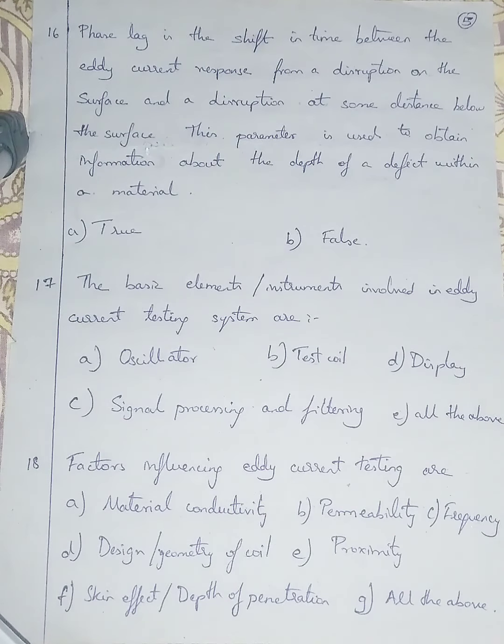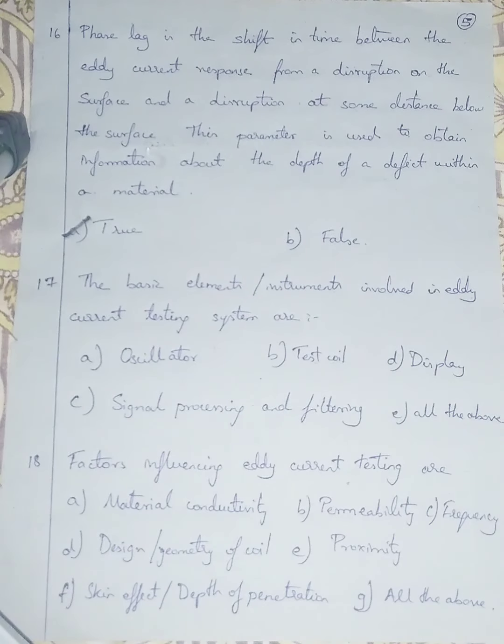Okay, that is called phase lag. This is the meaning of that sentence. And this parameter, phase lag, is used to obtain the information about depth. How much depth, how thick, which layer the defect is in, that is given by phase lag. So I am going with option number A, true.